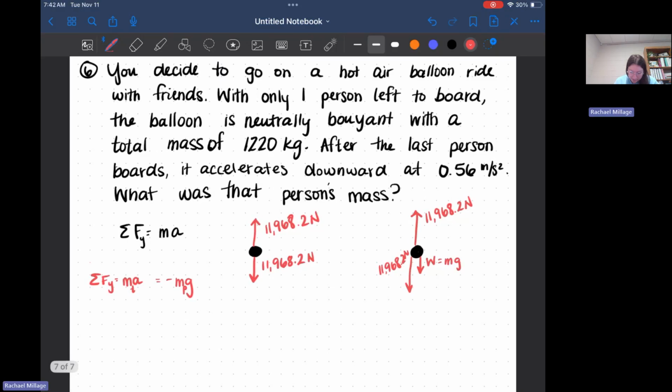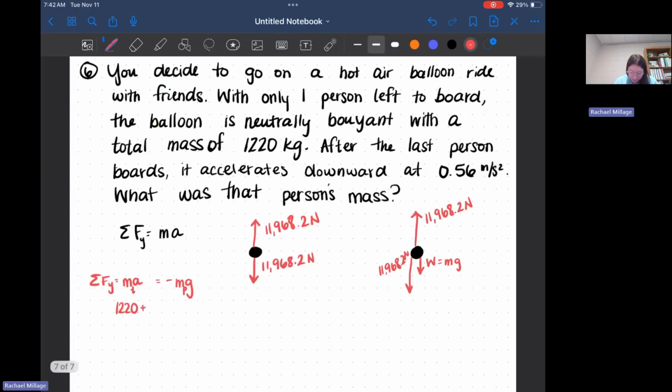So our total mass is going to be 1,220 plus the mass of the person, times a negative acceleration of 0.56 meters per second squared, equals negative mass of the person times 9.81.